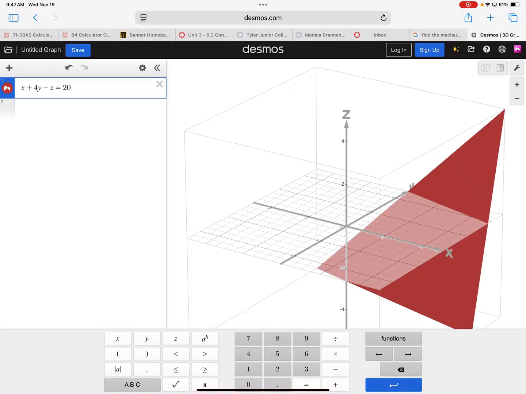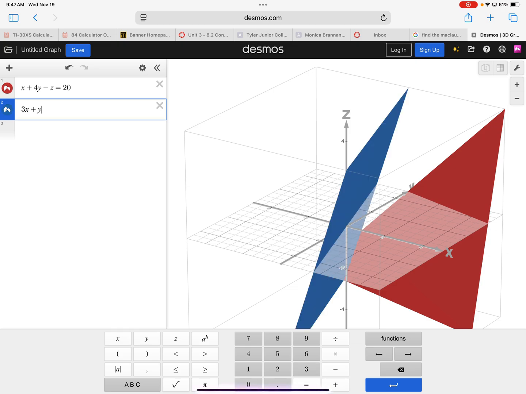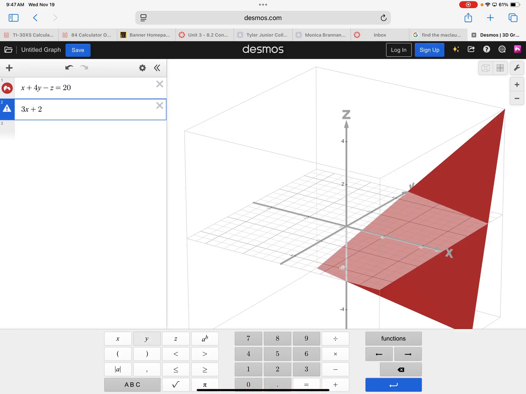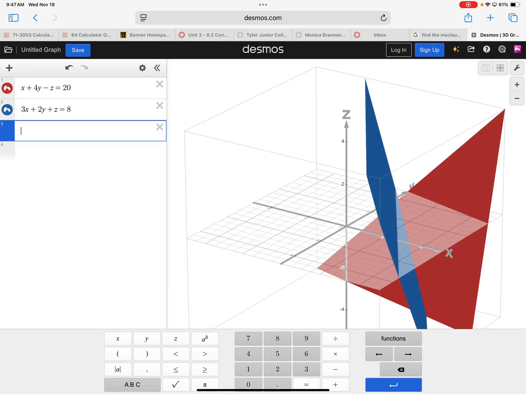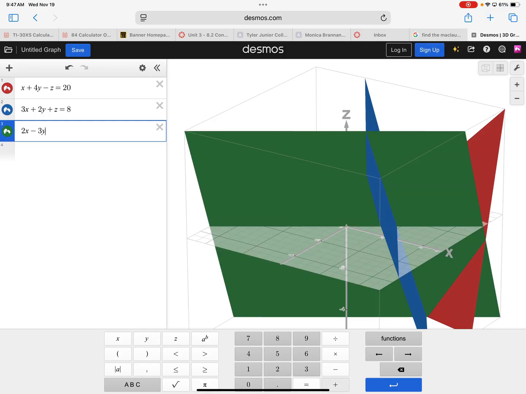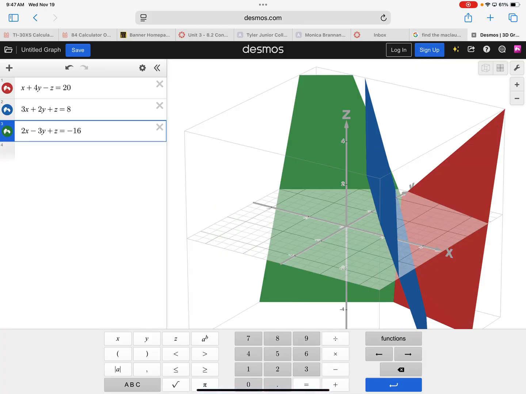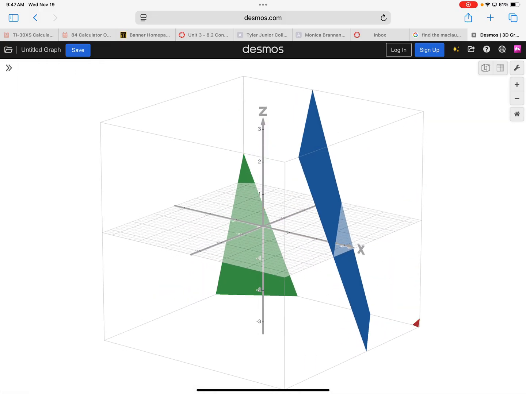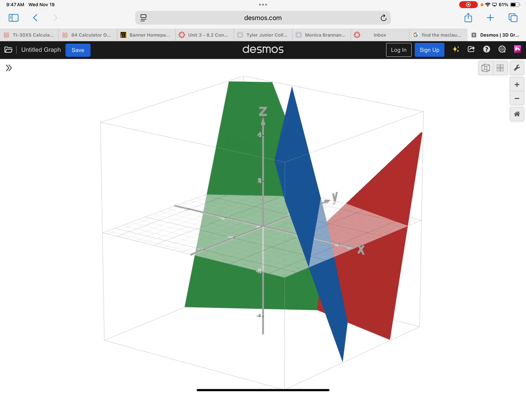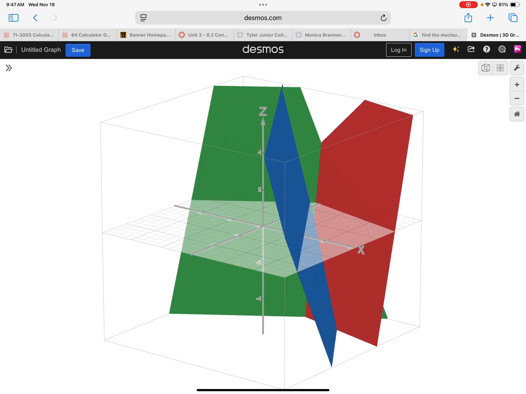Of course, I'm not sure we can see real good where they intersect. Uh-oh, he didn't get my 2, did he? 2y plus z equals 8. You're not going to be able to see that good. It's too muddled. I can't see. Can you see?